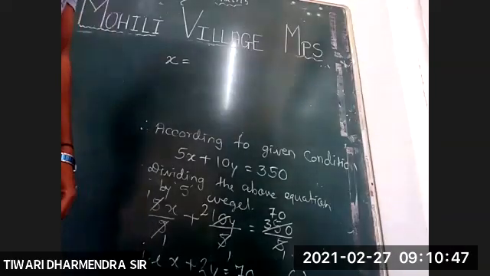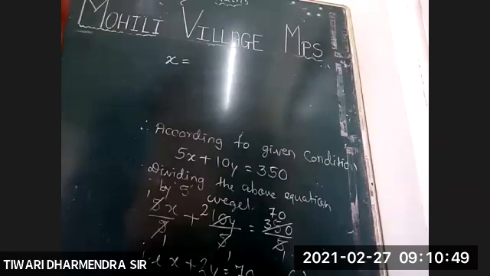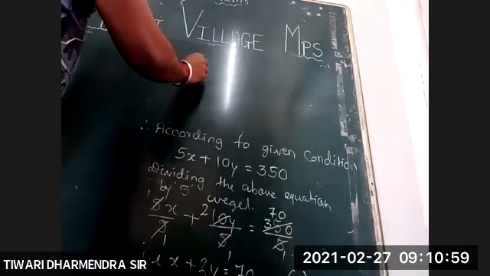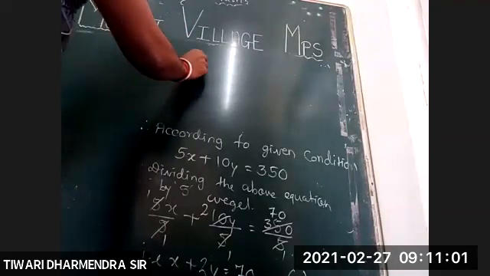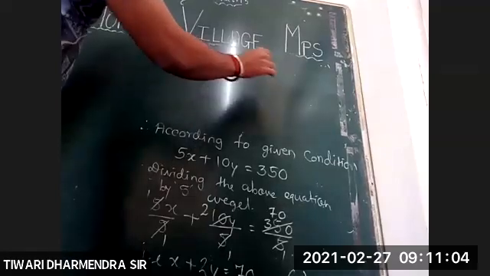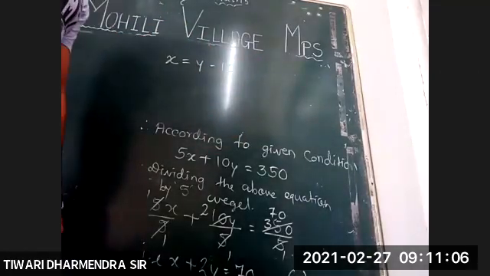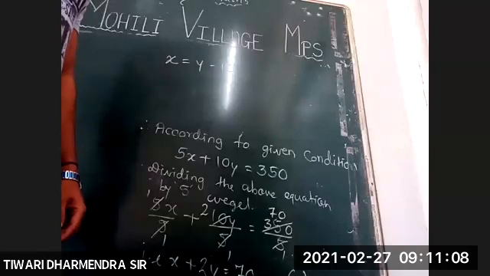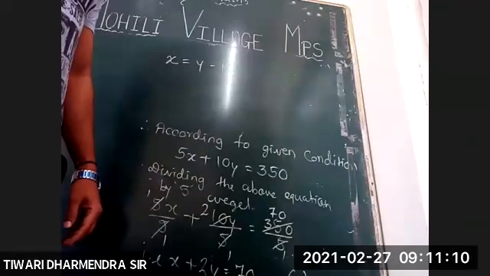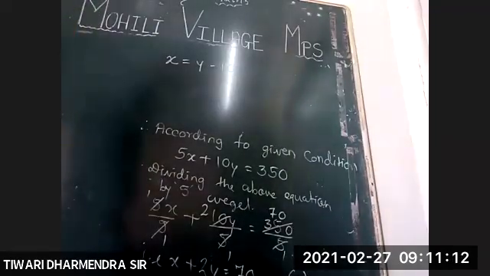So how will we frame this? Number of 5 rupee notes x are less by 10 than the number of 10 rupee notes. Number of 10 rupee notes is y, and we will remove 10 from that. So what will we get?